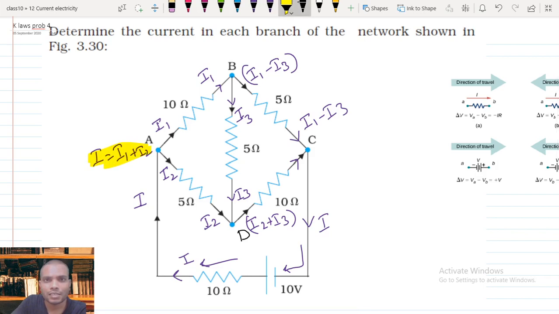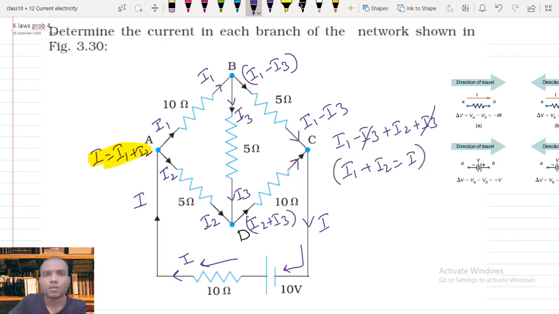At junction C, it is I1 minus I3 plus I2 plus I3. If you add up, I3 gets cancelled, that is I1 plus I2, which is nothing but I. So this is how we divide current across the junctions. At junction C the same current I gets back through the cell's 10 ohm resistance.